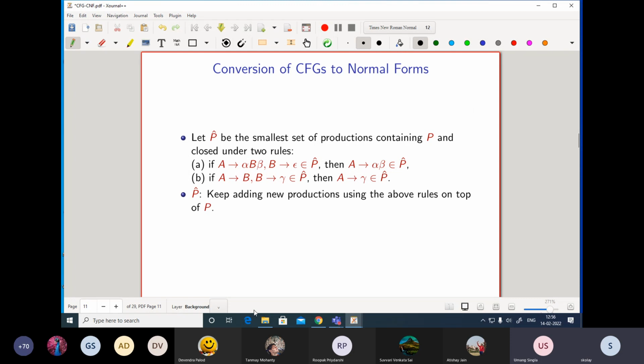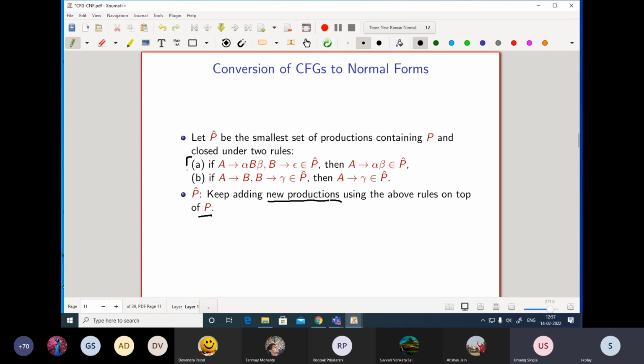Now obviously the question is, P hat is basically what we get if we keep adding new productions using the above rules on top of P, one step at a time. P will be P hat 0, then we go to P hat 1, then on P hat 1 we add some more production rules and keep doing this till it is closed. Okay.